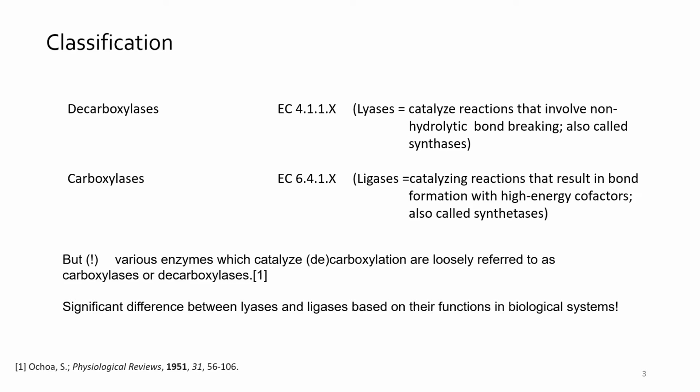In fact, various enzymes which are able to catalyze either decarboxylation or carboxylation are loosely referred to as carboxylases or decarboxylases, which means that there is not really a strict differentiation. And so the difference between lyases and ligases is usually based on their functions in the biological systems.